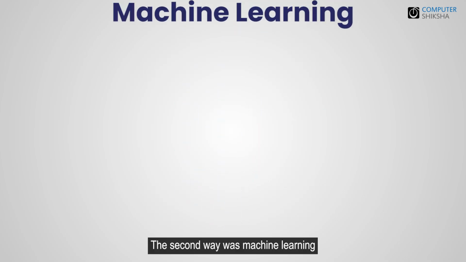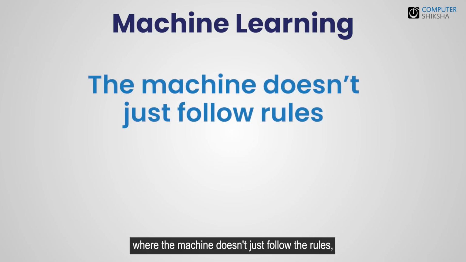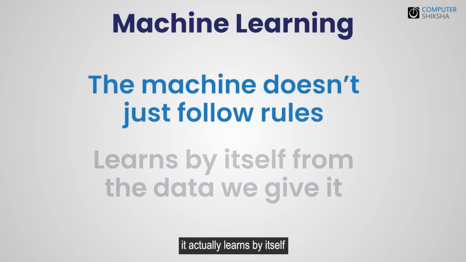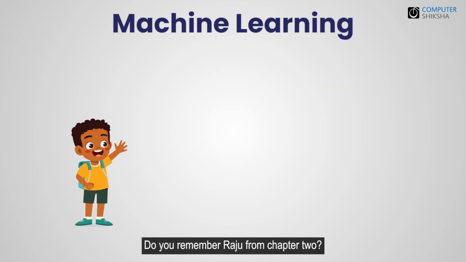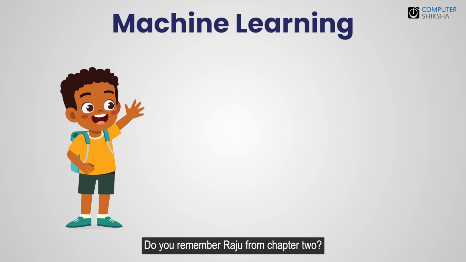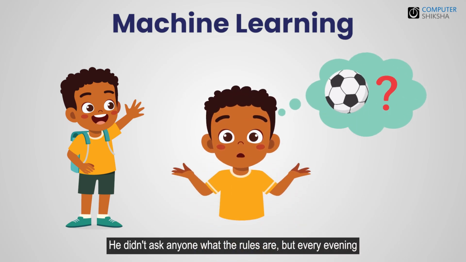The second way was machine learning, where the machine doesn't just follow rules, it actually learns by itself from the data we give it. Do you remember Raju from chapter 2? Raju didn't know how to play football. He didn't ask anyone what the rules are.